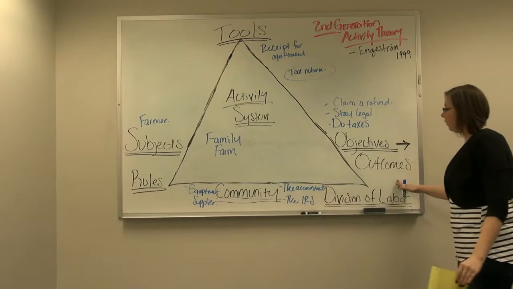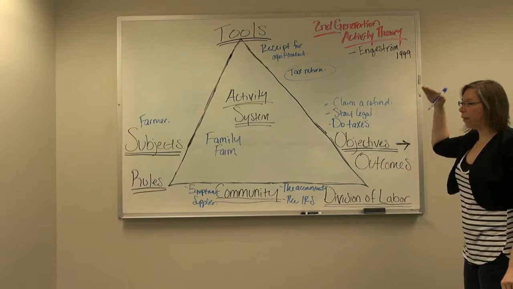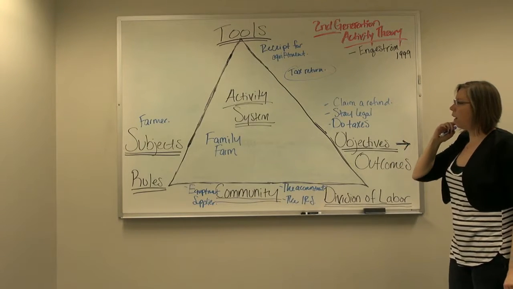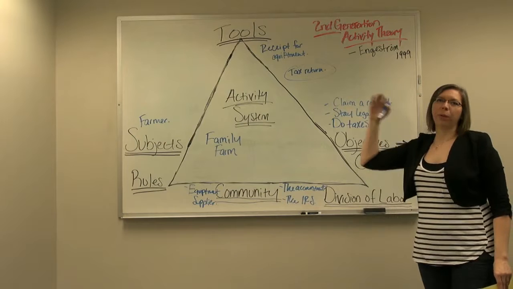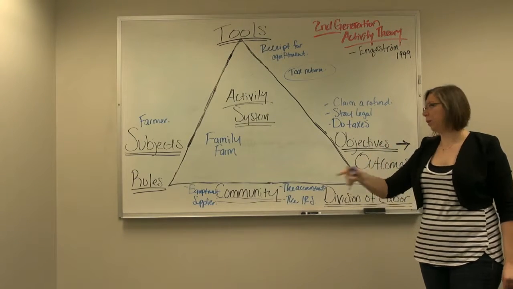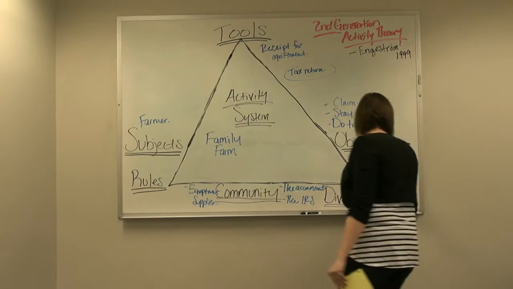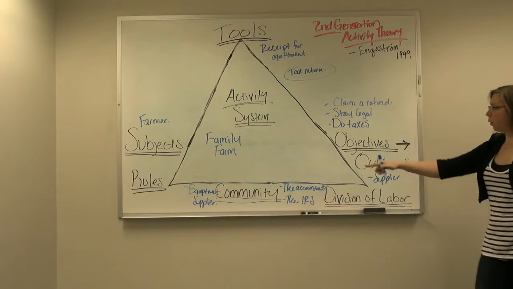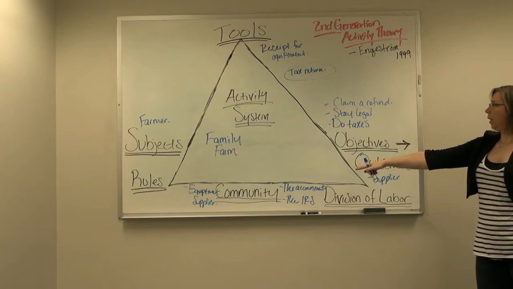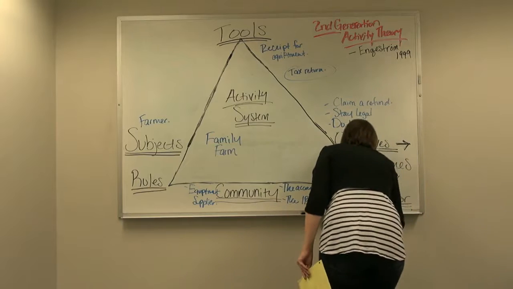So for our division of labor, we're going to maybe put the equipment supplier first. Let's rank them in the order that they are present in making this document happen. So the first person is going to be the equipment supplier. He's the one that gave me the receipt. And then the farmer is going to be the next one that comes into contact with that.